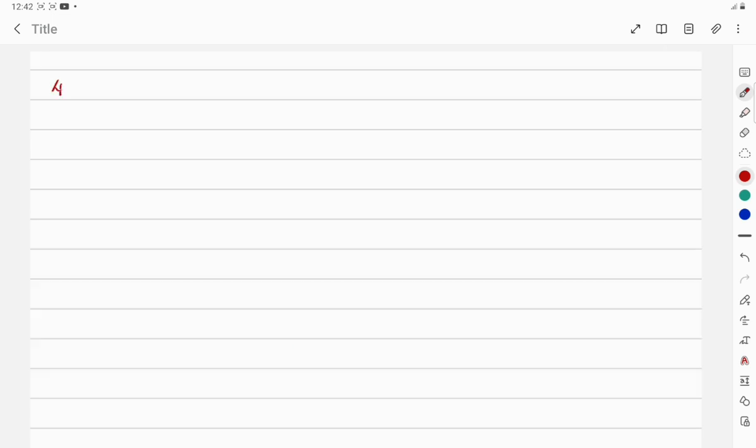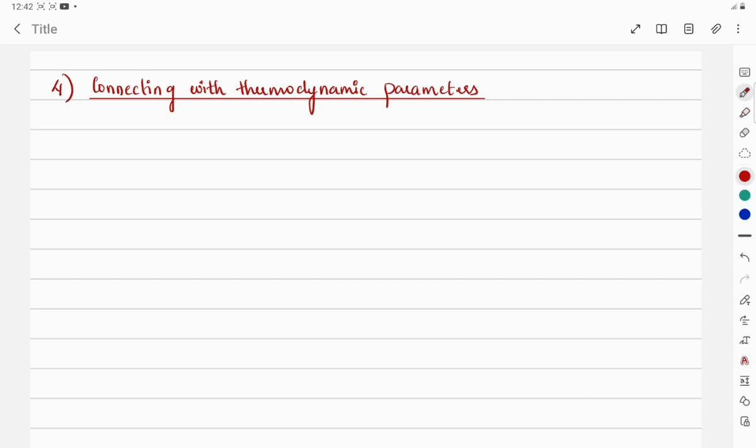Next, let's see what is the fourth application of Nernst equation. So that is connecting with thermodynamic parameters. We have already begun this topic slightly in several places. So this is nothing new for you.